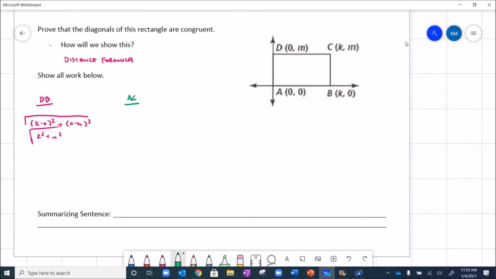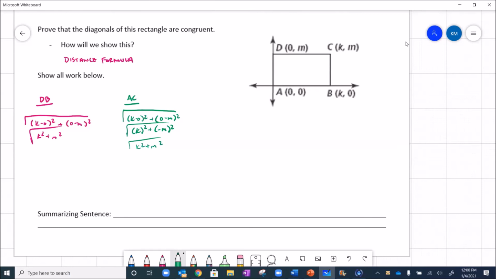Looking at AC, difference of the x's. So I have k minus 0 squared plus difference of the y's, 0 minus m squared. And so I'll do that step here, k squared plus negative m squared. But even when we do that negative times negative would be positive. So we end up with k squared plus m squared.